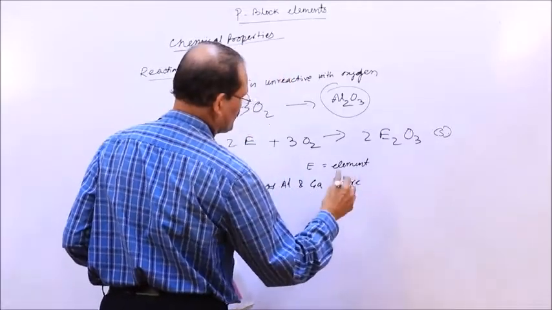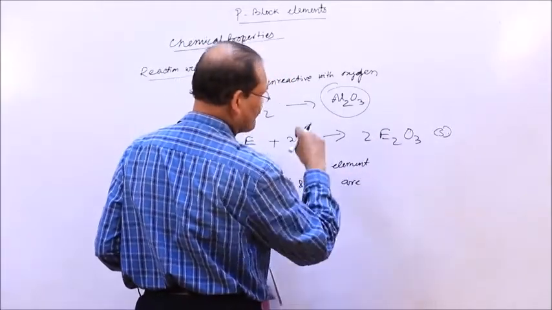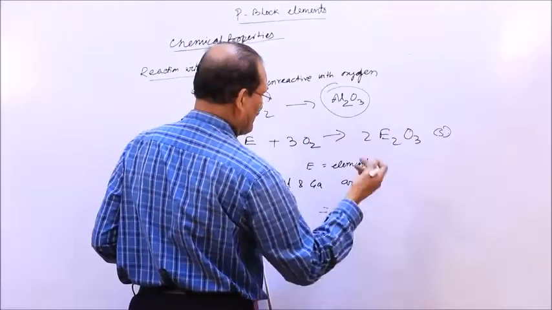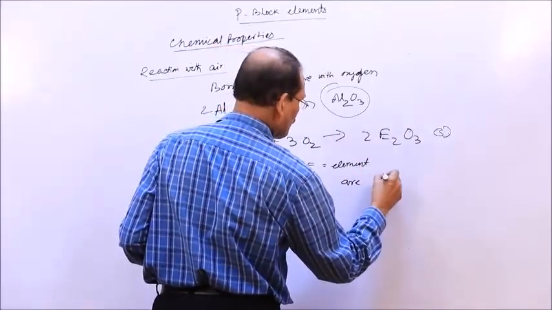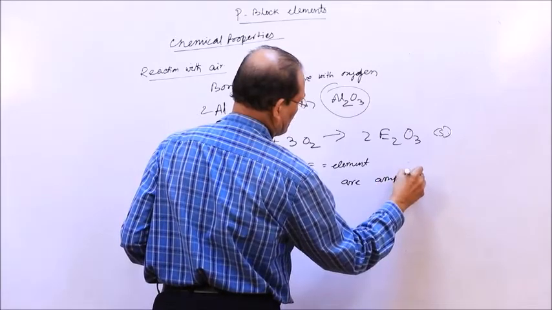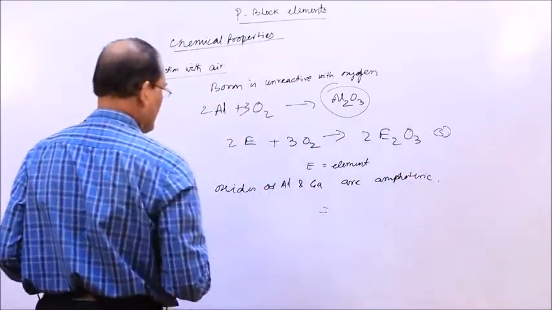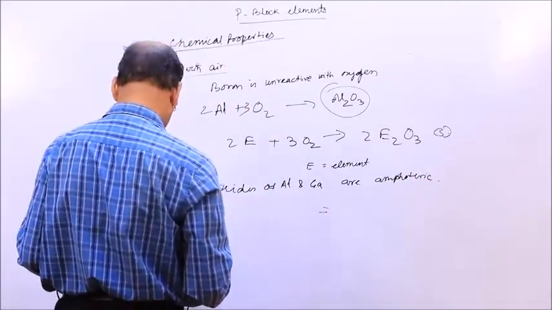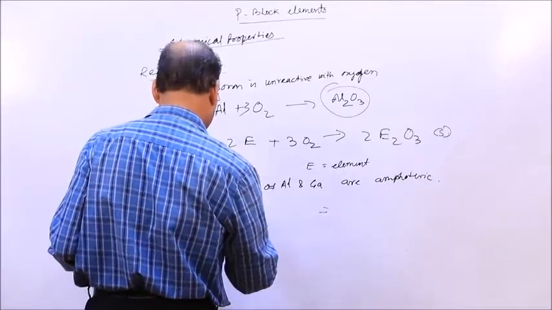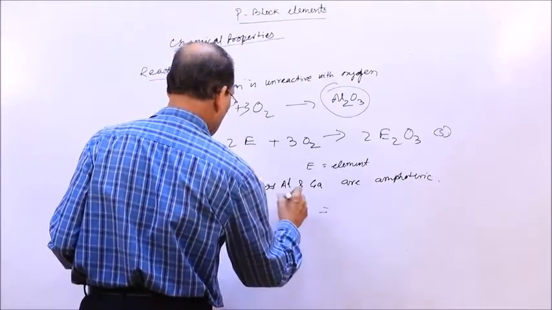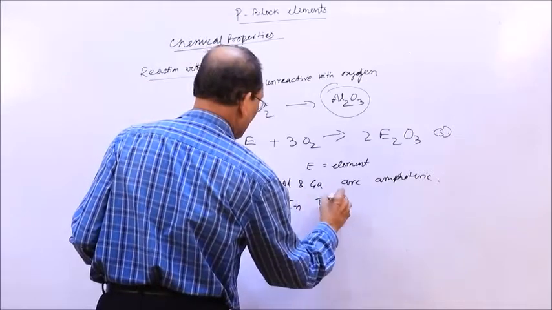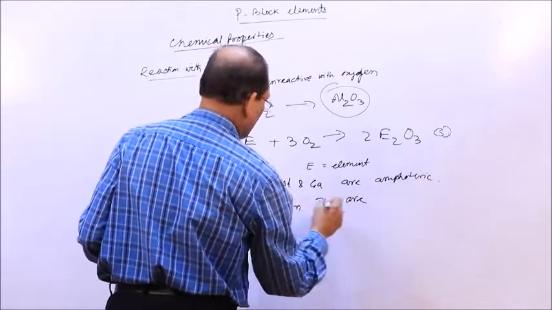Amphoteric means it shows both acidic and basic properties. Beyond that, the oxides of indium and thallium are basic.